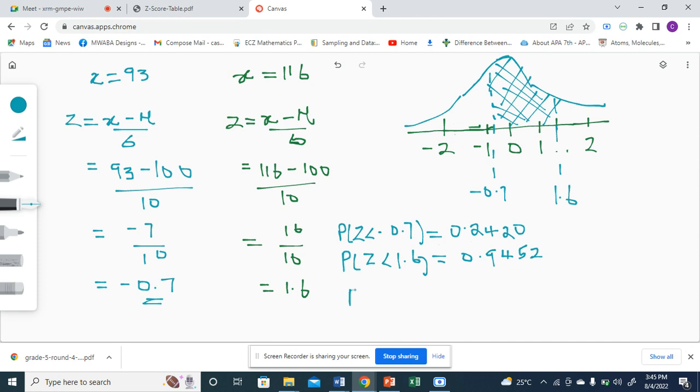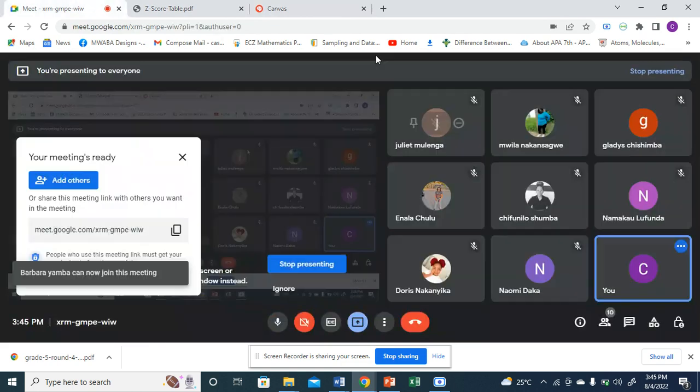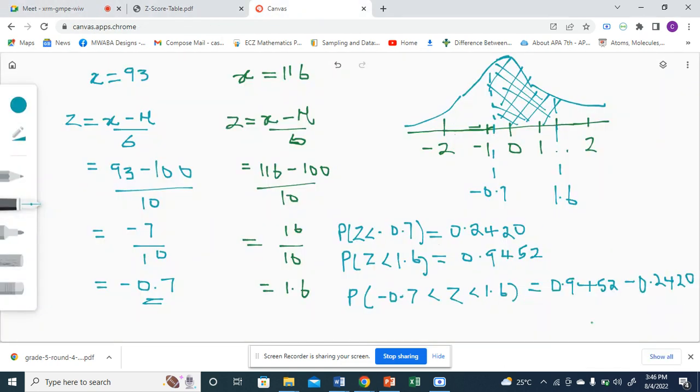So our probability that our z-score is in between negative 0.7 and 1.6 is going to be 0.9452 minus 0.2420.